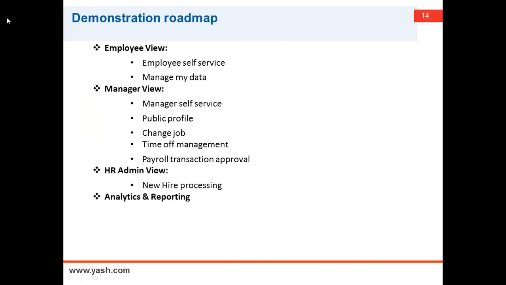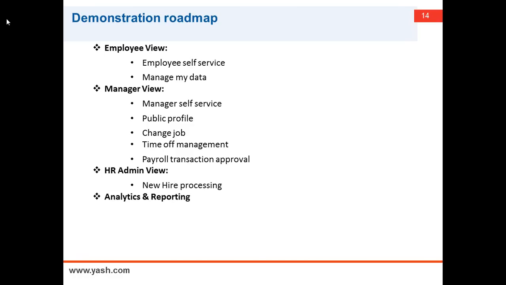Then next, I'll move into a managerial view, where you get into manager self-service, I'll show you the public profile, as well as how you're able to promote and terminate an employee, and also how you're able to manage your own time off. Then next I'll get into the HR administration view, where we're going to go through adding a new employee. And then lastly, briefly touch on analytics and reporting.